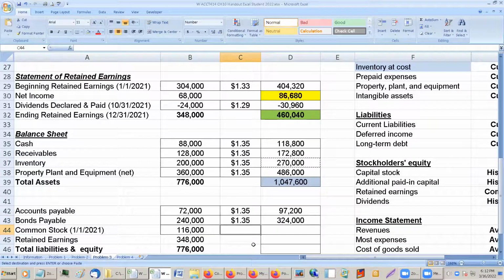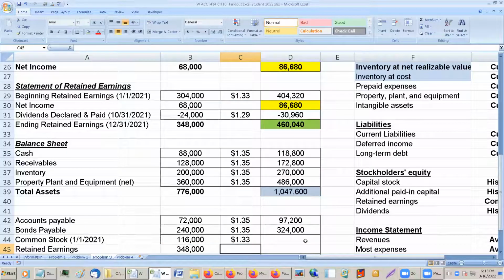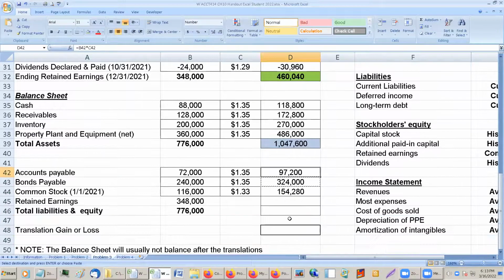Common stock, that will be on the first of the year. That'll be historic. And retained earnings will be our retained earnings from up here.